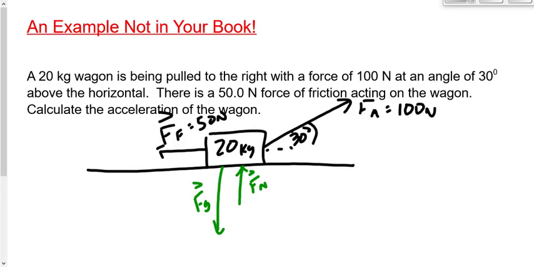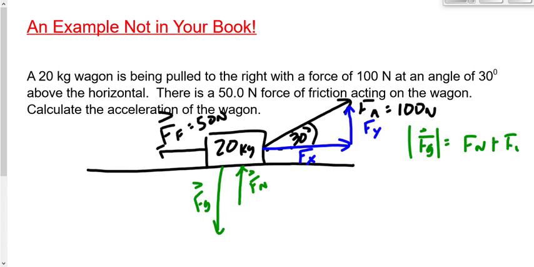So what we're really saying here is this. FA has an x component to it, we'll call it Fx, and it also has a y component. We're going to say that the magnitude of gravity acting down is equal to the normal force plus the y component of the applied force acting up.